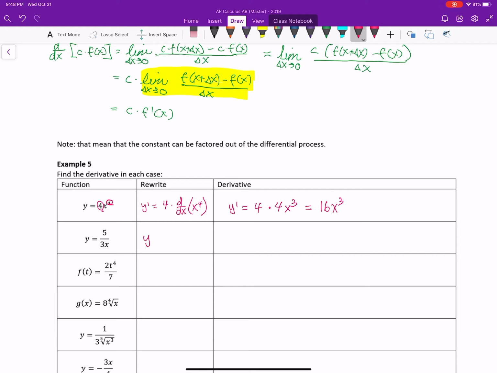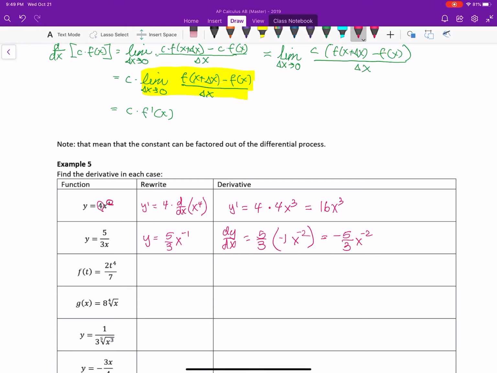So y is equal to 5 over 3 x to the negative 1st, and then you're going to use the power rule. dy/dx is equal to 5 over 3, and then the derivative of x to the negative 1 using the power rule is negative 1 x to the negative 2nd power. So then I'm going to polish that off a little bit and write negative 5/3 x to the negative 2.